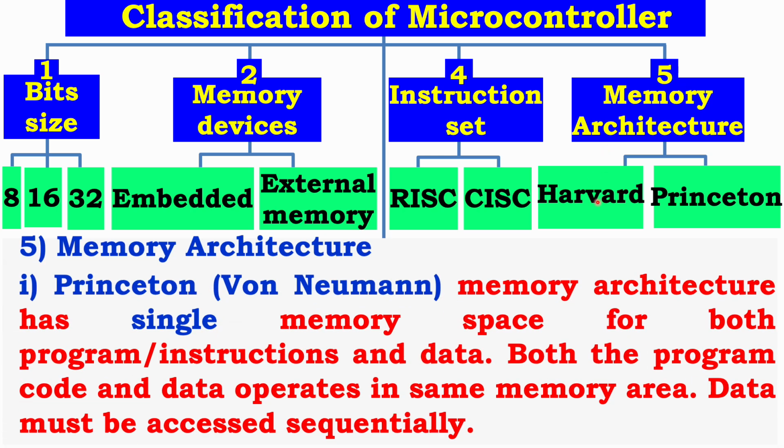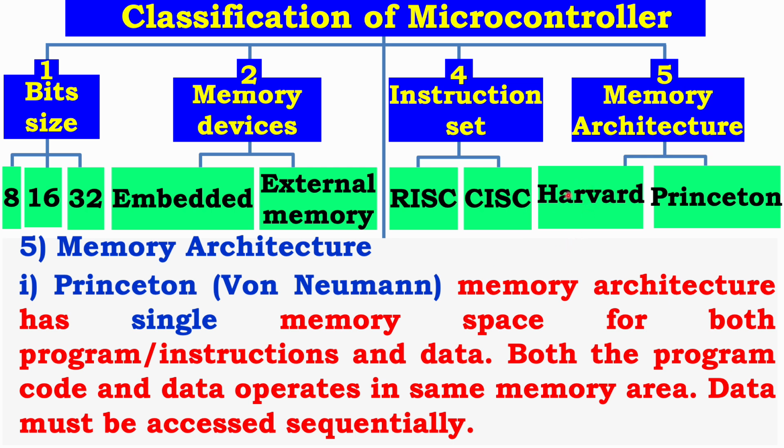One is called Princeton. At Princeton University in New Jersey, they proposed the first type, Princeton, which is also called Von Neumann memory architecture. It has a single memory space for both programming code and data, so that both operate in the same memory area, and instructions are sequentially fetched and executed. So it takes a longer time as compared to the Harvard architecture memory.